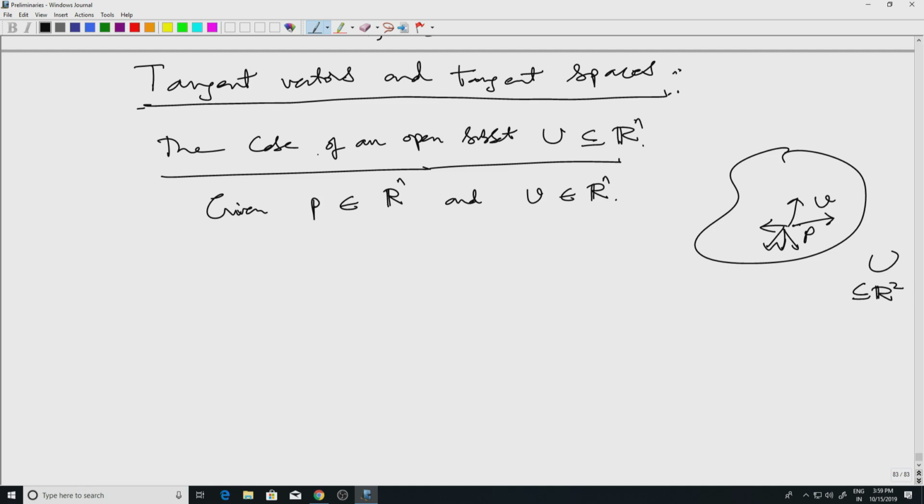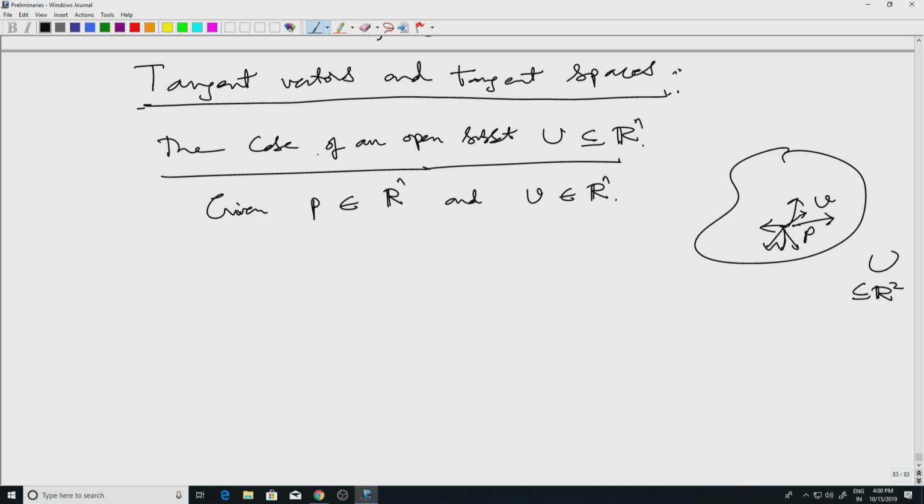If we have an open set, of course, whatever direction you move in for a short distance, you will end up inside U. So naively, every possible direction is a tangent vector. So any V in R2 would be a tangent vector at P. So at the end of the day, a tangent vector would be just a point in R2, this V.